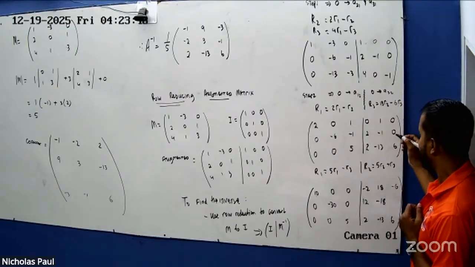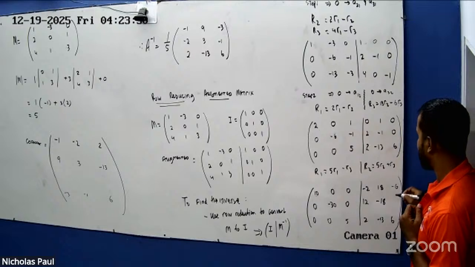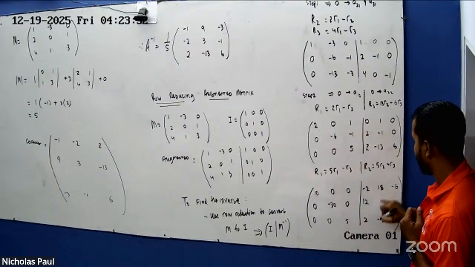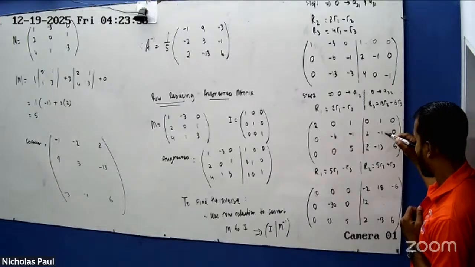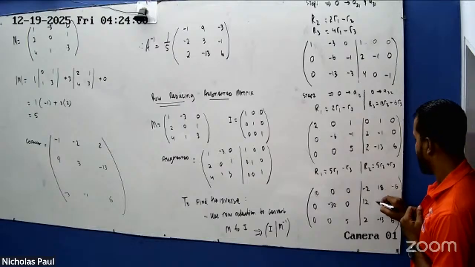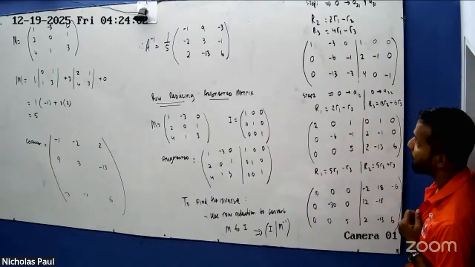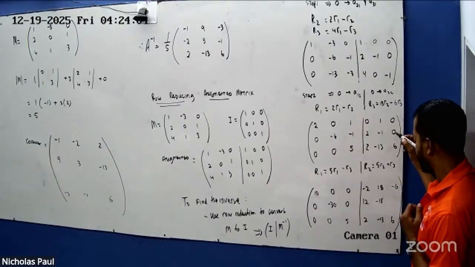And here is 5 plus 6. No, something wrong here. Help me again now. Minus 5 minus 13. And last one is what? 0 plus 6.